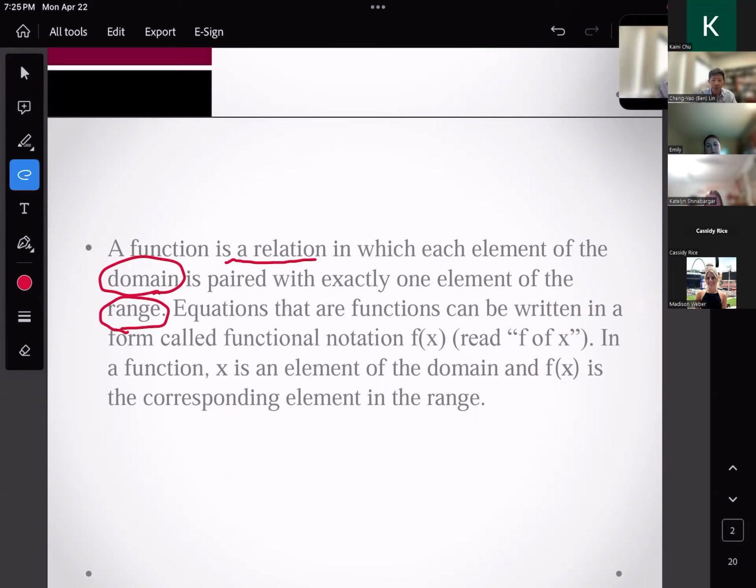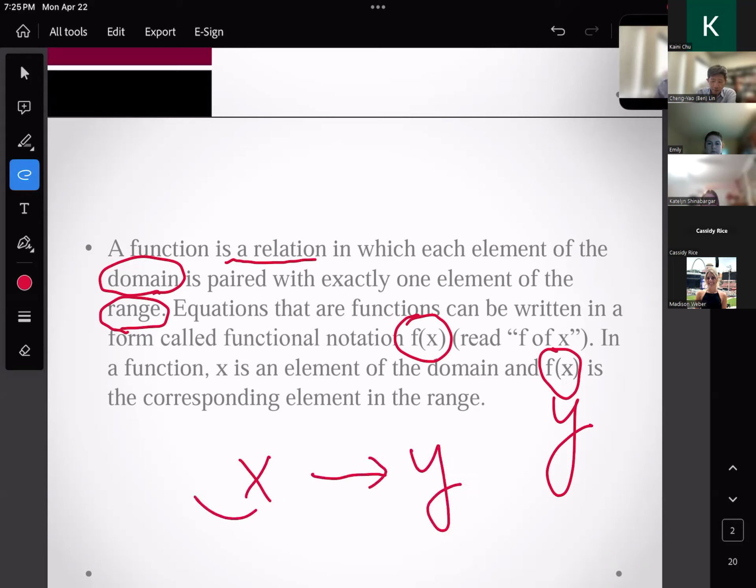So an equation that is a function can be written in functional notation. We say f of x, read f of x. In a function, x is an element of the domain, and f of x is the corresponding element in the range. Usually, f of x actually is y, okay? Now we have x, we have y. That's input, that's output, all right?